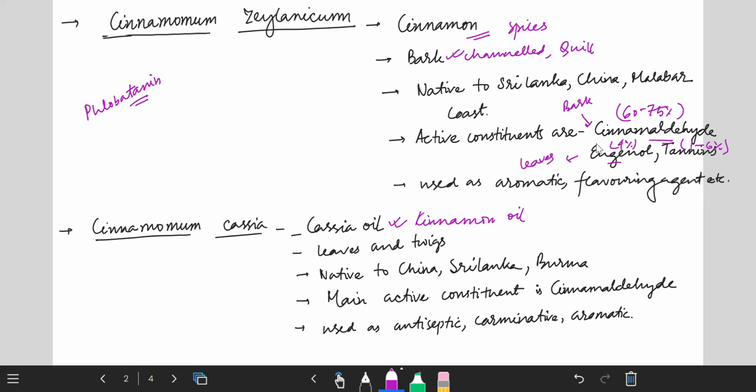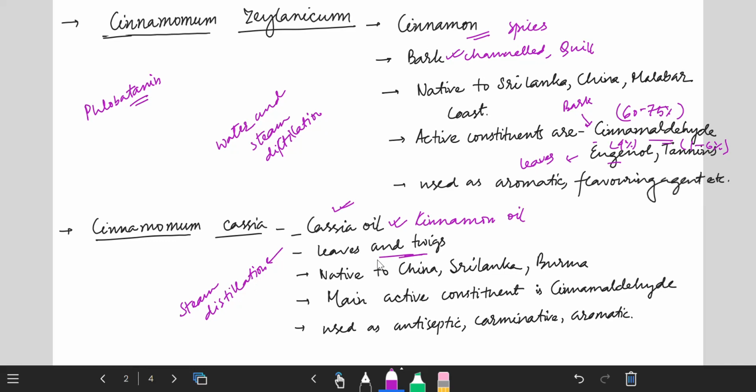Cinnamaldehyde is obtained by water and steam distillation. Only in this case, from the leaves and twigs, cassia oil is obtained by steam distillation. That is the difference.